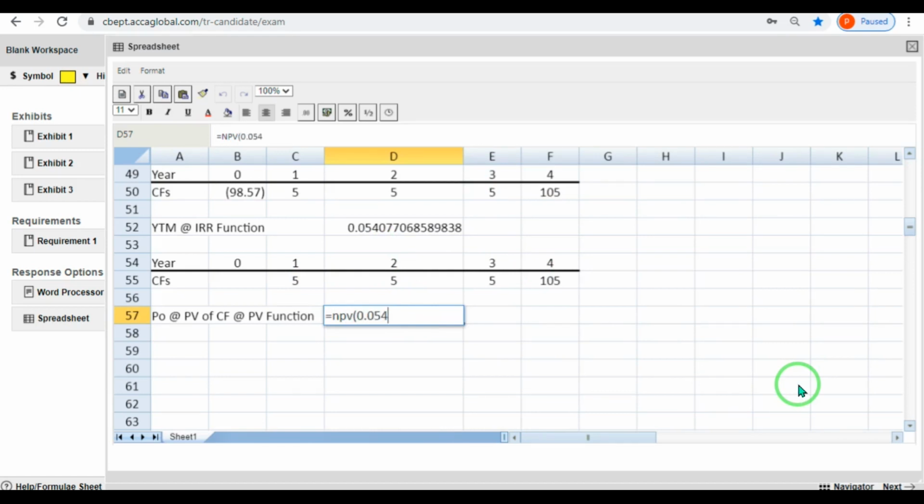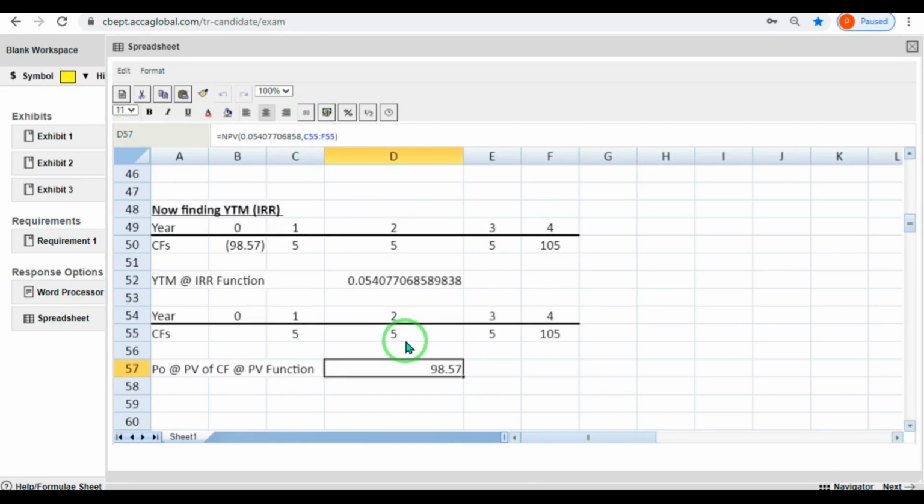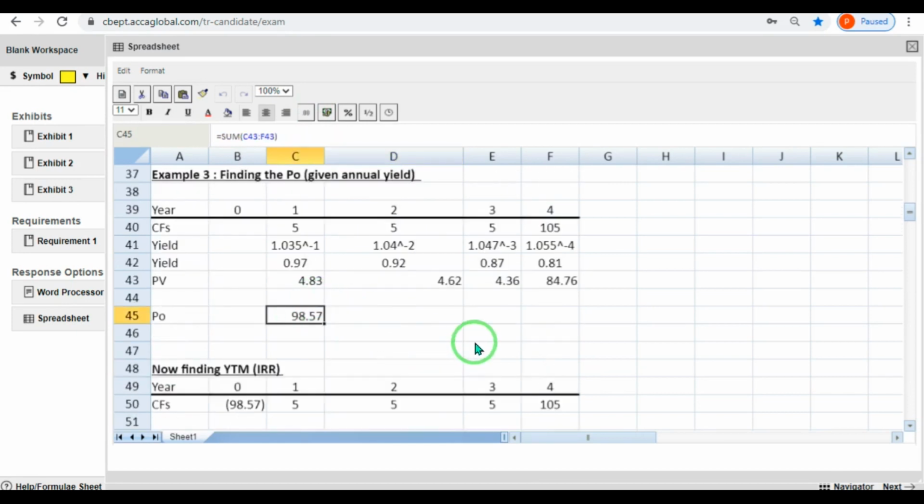I just want to make sure that's a little accurate, just to show you something. 2 decimals is fine. Comma, and you pull this until the end, close bracket, enter. When I enter this, it should be this figure. Let's make it 2 decimals. You see, I can find 98.57.